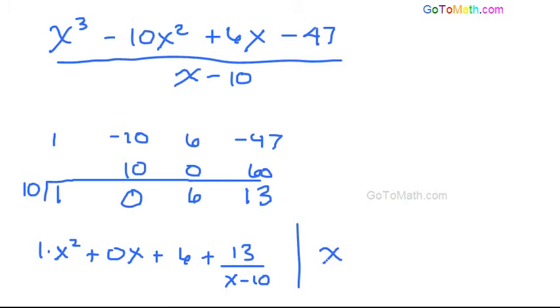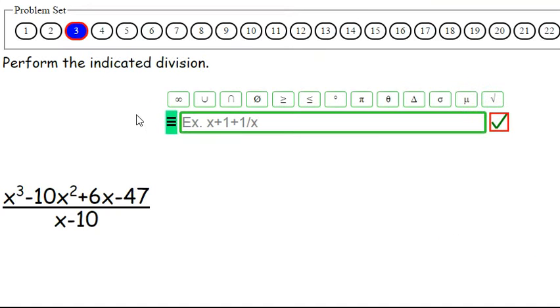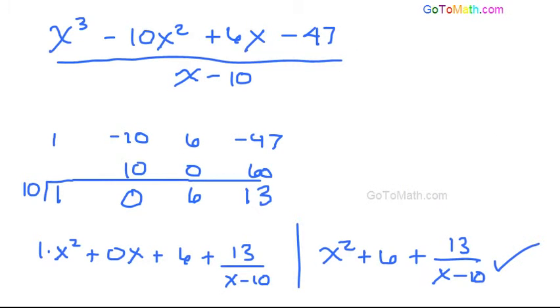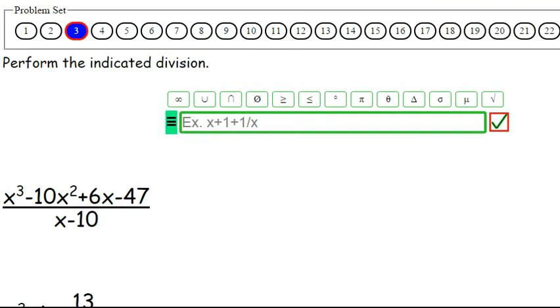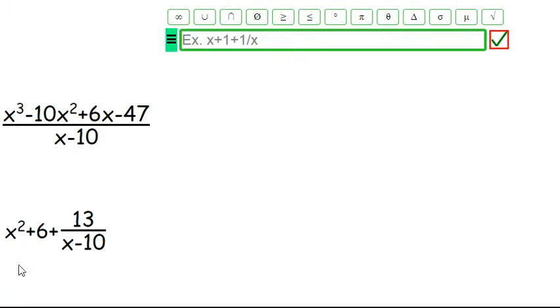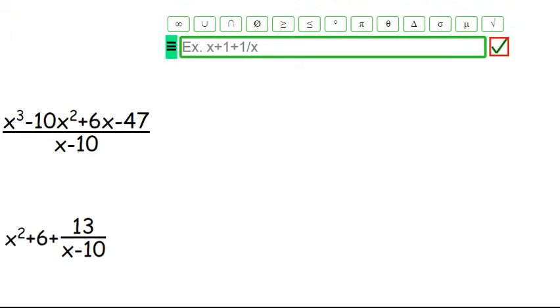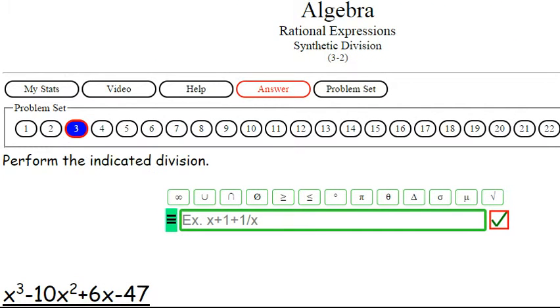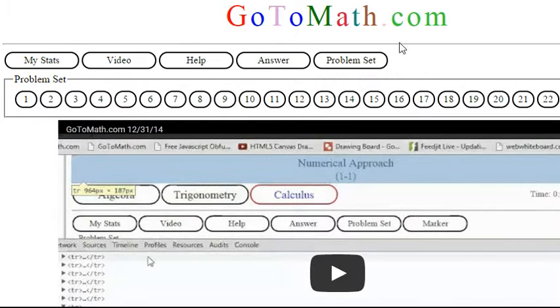So we end up with x squared plus 6 plus 13 over x minus 10. There you go. Alright. So we'll see how that works out there. x squared plus 6 plus 13 over x minus 10. Alright, looks good. It all looks good. Okay, see you in the next problem.